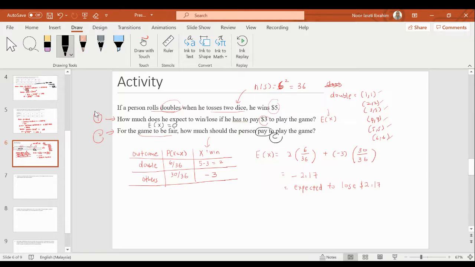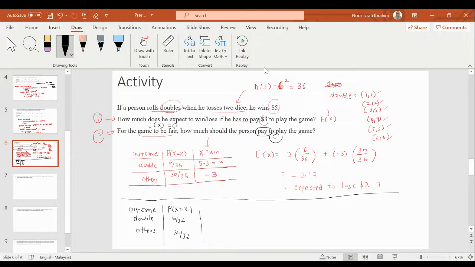We don't know how much we need to pay, so the cost of playing the game I will denote as C. For this one, the probability distribution table will be, we still have the outcomes, which are double and all others. Then we have the probability, still the same, 6 over 36, 30 over 36.